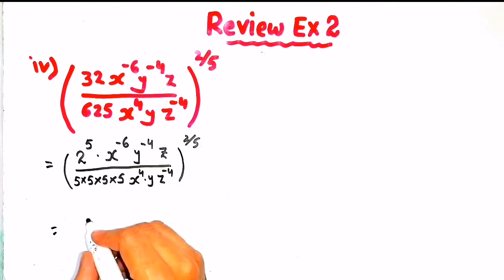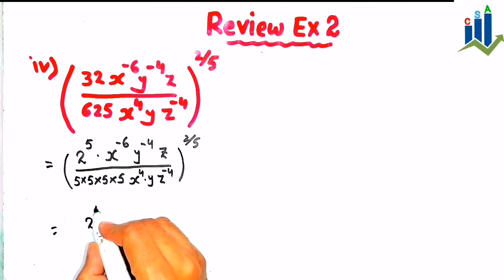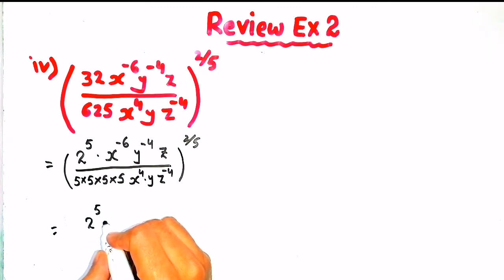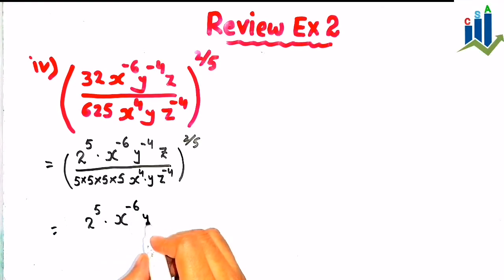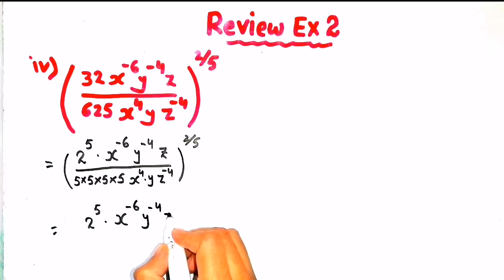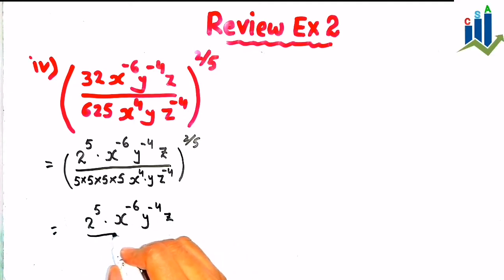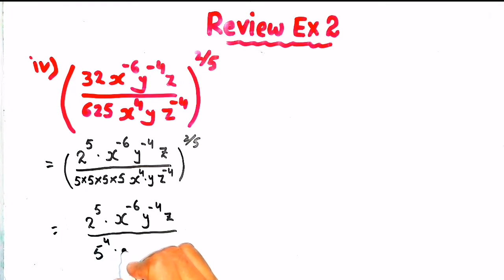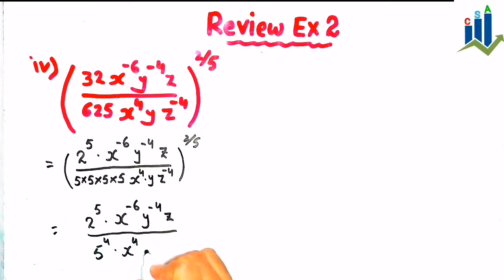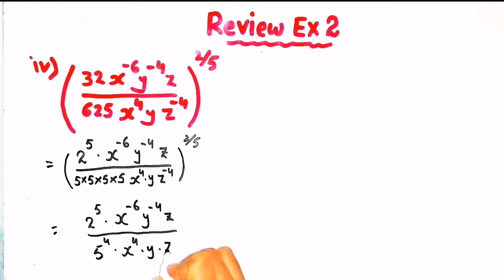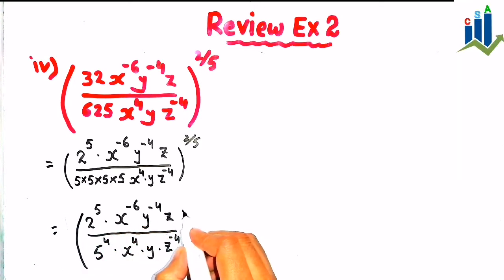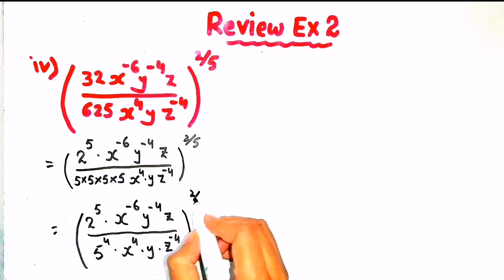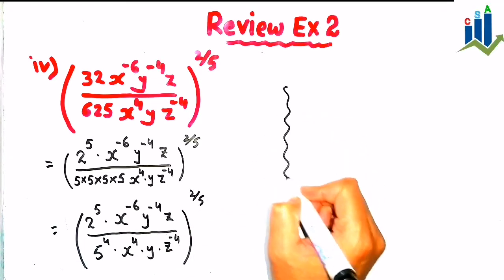Now it will become 2 raised to power 5, x raised to power minus 6, y raised to power minus 4, z divided by 5 raised to power 4, x raised to power 4, y and z raised to power minus 4, whole power is 2 by 5.